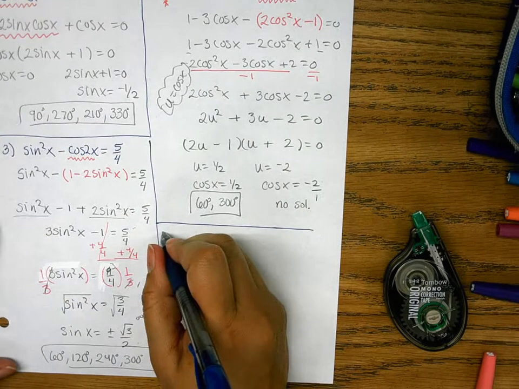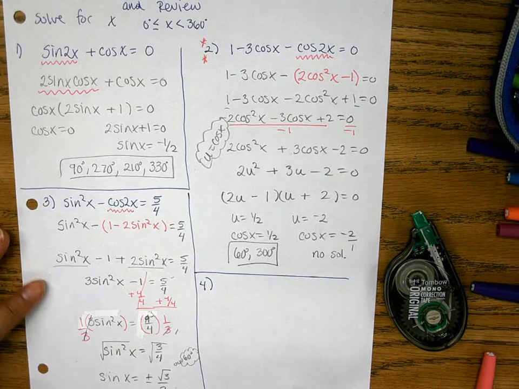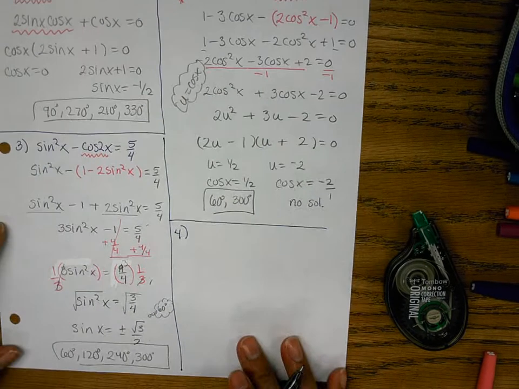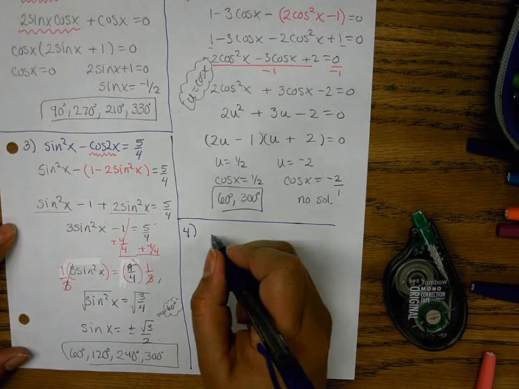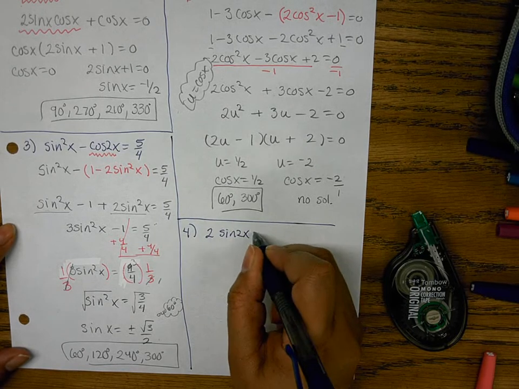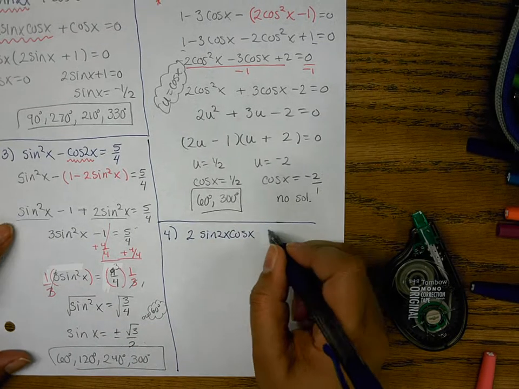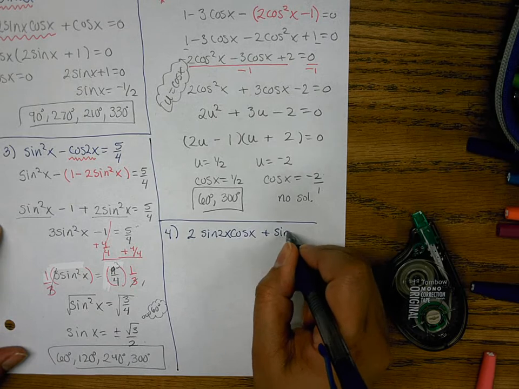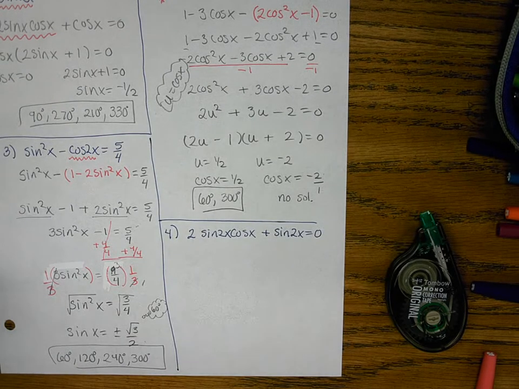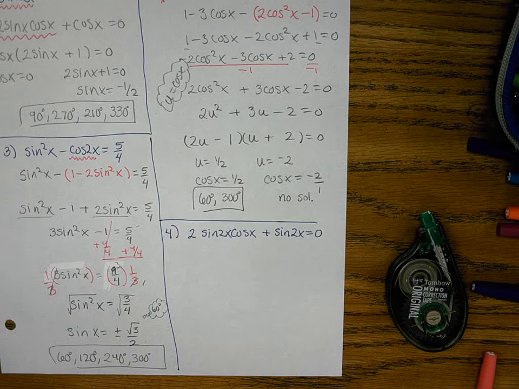All right, number 4. Sine 2x cosine x plus sine 2x equals 0.